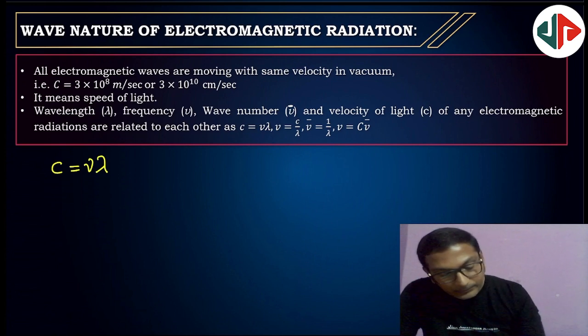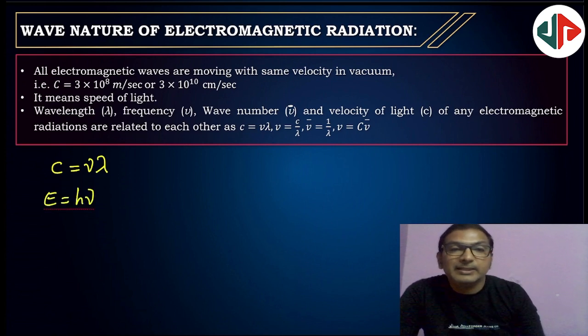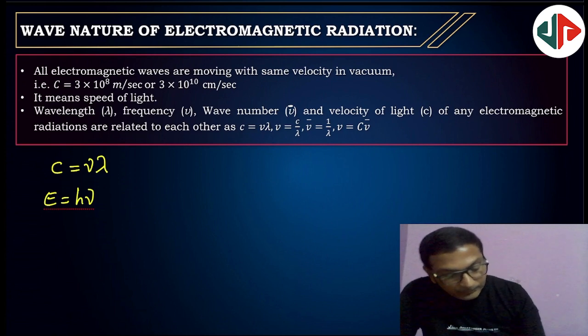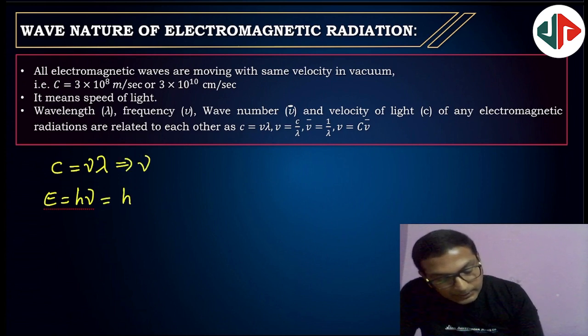Next, E equal to h nu, which is Planck's equation. We'll discuss later. Here E is energy, h is Planck's constant, nu is frequency. From this we'll get nu value as C by lambda.